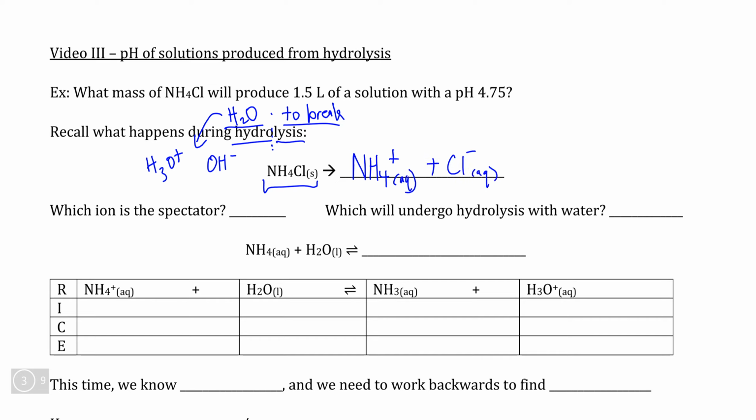chloride ion. Now, in terms of predicting what's going to happen next, we remember that if we consider chloride to be a base, its conjugate acid is hydrochloric acid, but hydrochloric acid is a strong acid, meaning that it is going to ionize 100% of the way, meaning that chloride cannot undergo a reverse reaction in order to get HCl back.